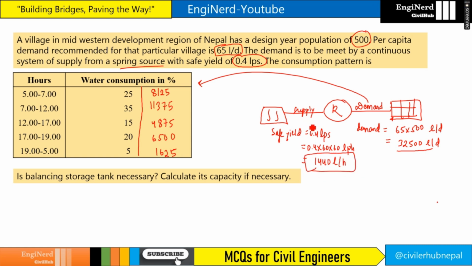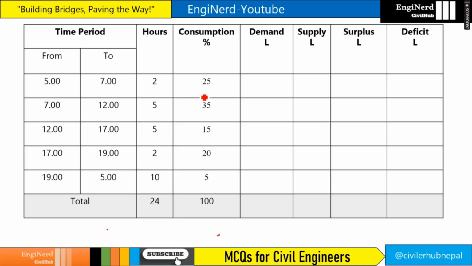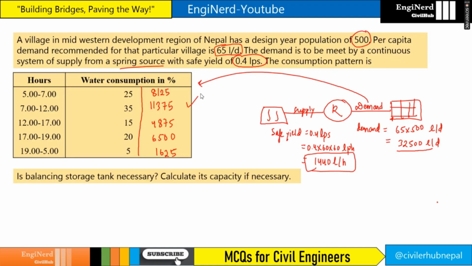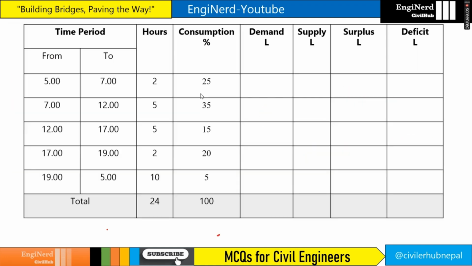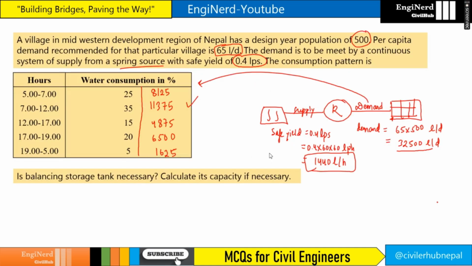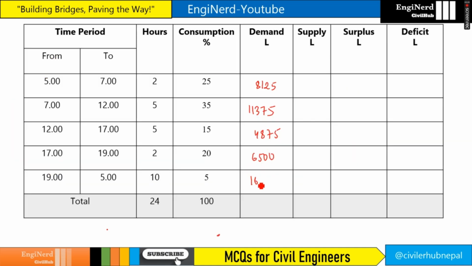So here is for the supply side, and this is for the demand. So let's go to the table. So here is the table, and this is according to this consumption pattern. Now for the demand part, let's copy these values: 8125, and then 11375, and then 4875, and then 6500, and 1625.